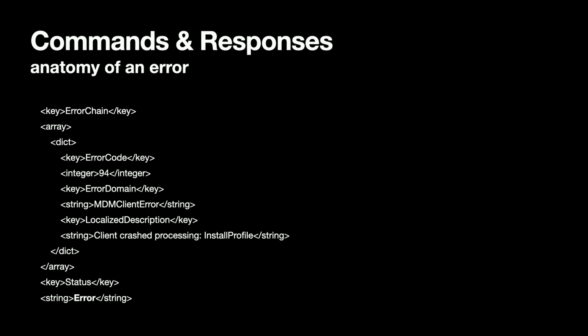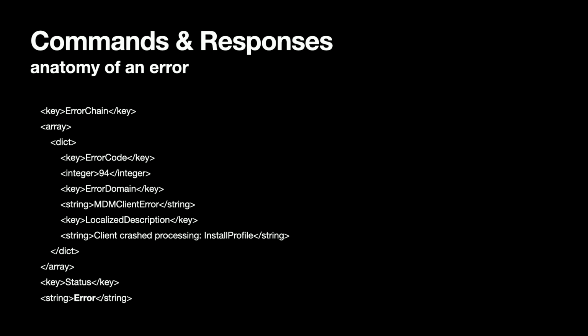Errors can also be useful in the responses. When you send a command, the MDM is doing it automatically, but if you're playing around with this and testing, you might make a mistake in typing out the plist. You may send down malformed information. There might be a network error when it receives the command and then something else happens.